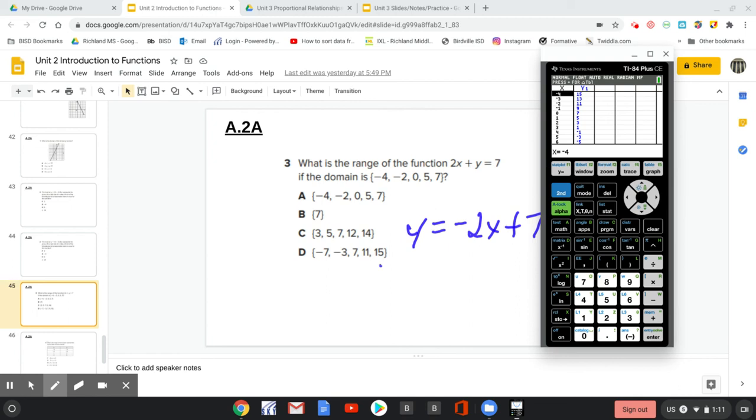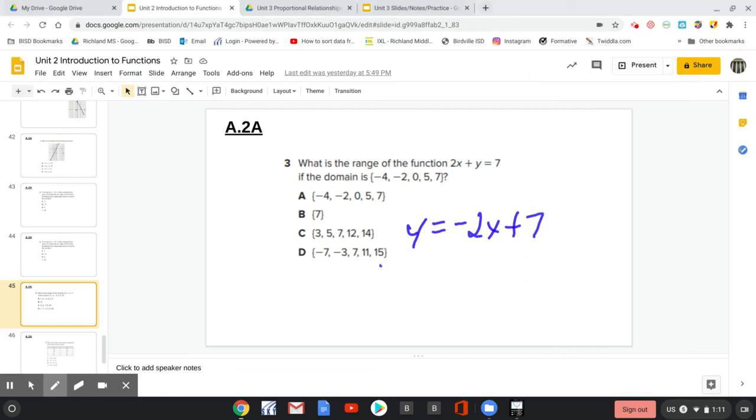When x is 5, y is negative 3. And when x is 7, we can see that y is negative 7. So we know that is our information. Even though we're doing domain and range, we can still use the buttons on the calculator. If we put in the input, we can get the output.